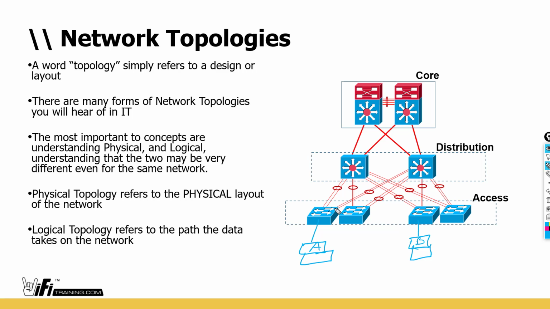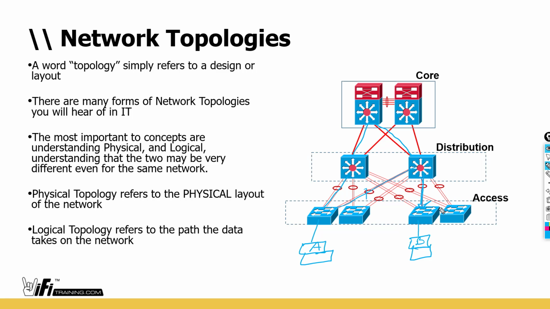It may seem like this one goes to this switch, and then I've got a path that looks like I could take it straight down and get to B. That may work, but that may not be the way that traffic actually flows. It could be numerous options. So this link may not even be in use. It may just be using this link, and then it might still have to go up here, and then go down this way, and then right back this way.